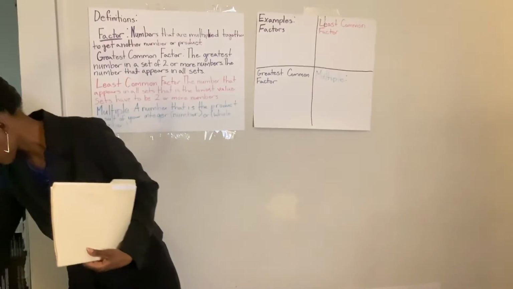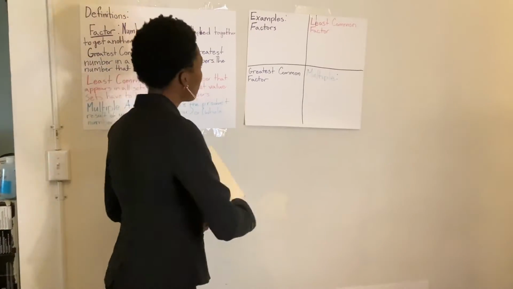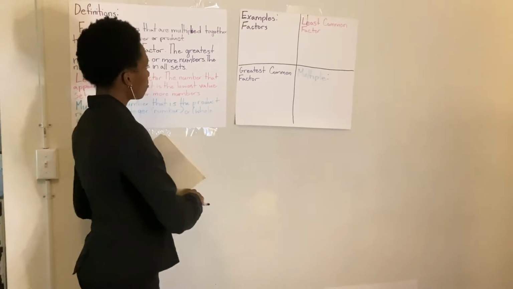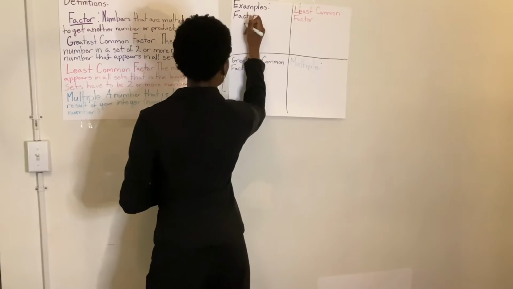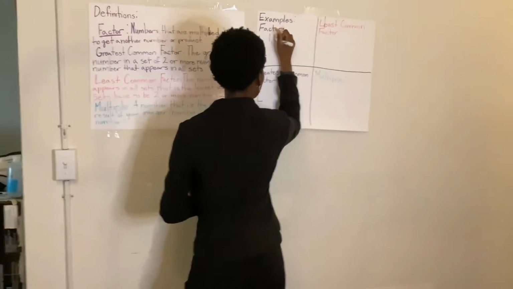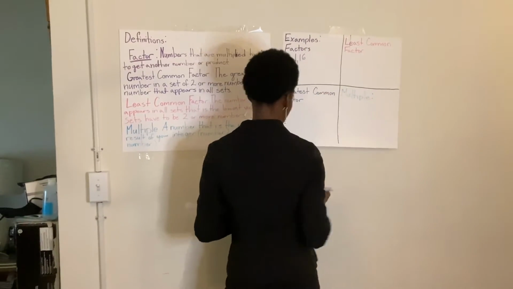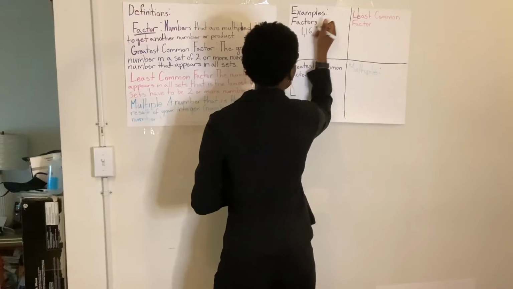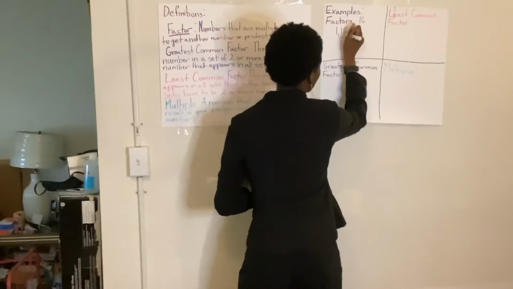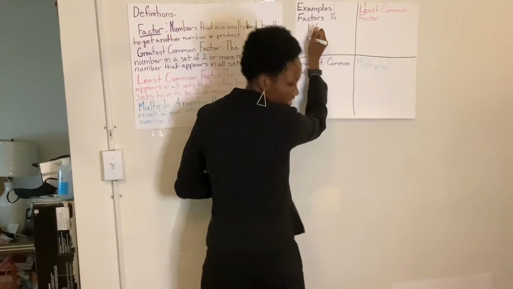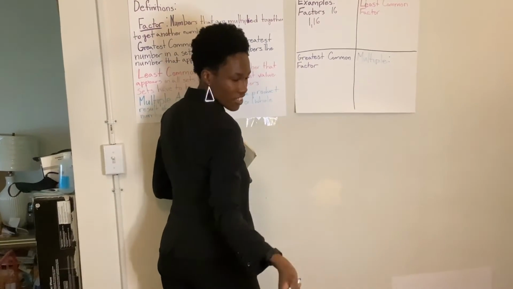So I'll start with that first column right there. I'm going to call on you. You said that we have a factor of 16. So 16, obviously 16 times 1 is 16. We also have 4.